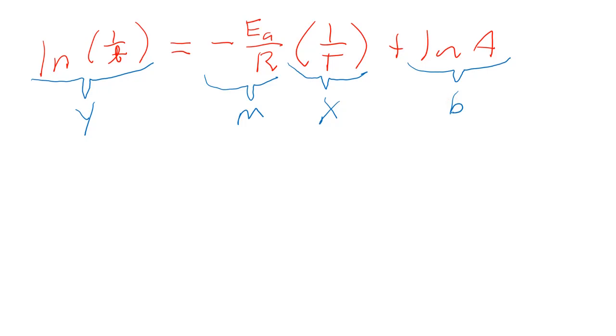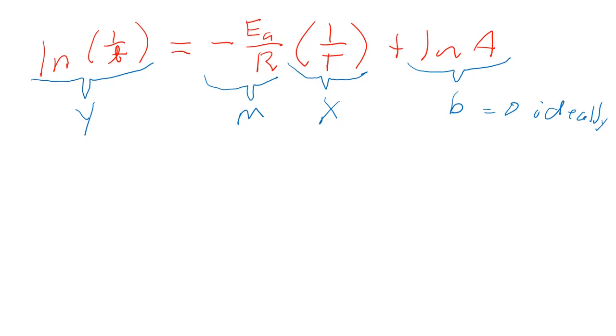So ideally, b should equal 0, but we're not working under ideal conditions. We're working in real-world conditions, so it's probably not going to be exactly 0, but your y-intercept should be fairly close to 0.